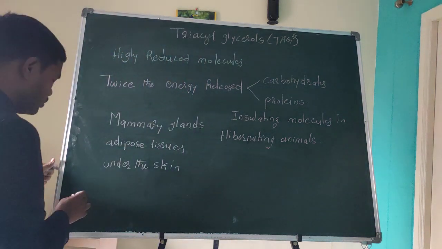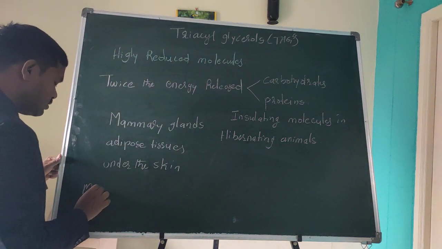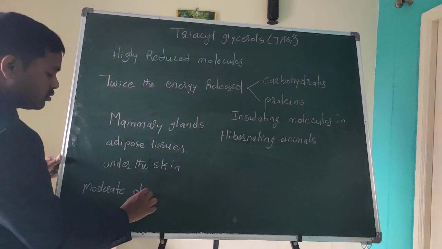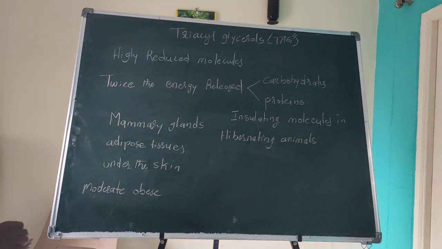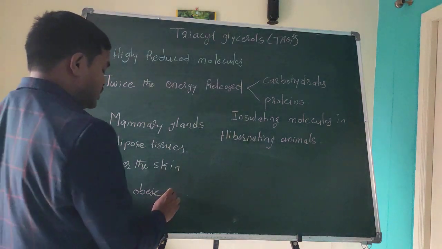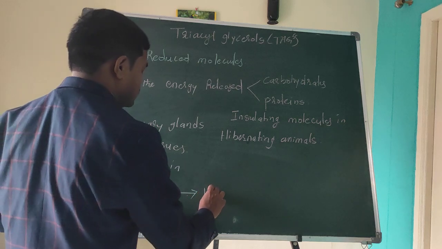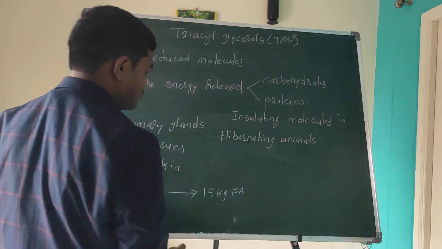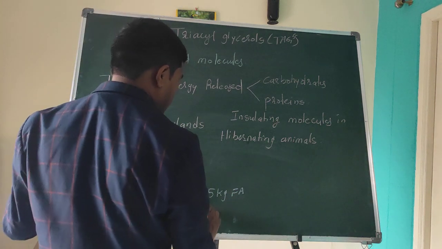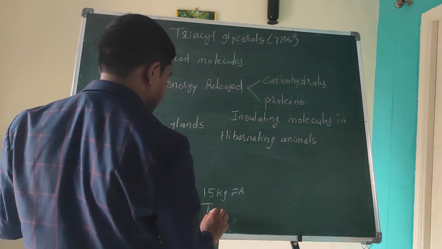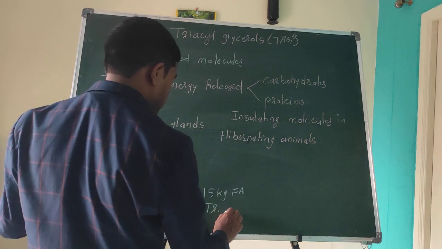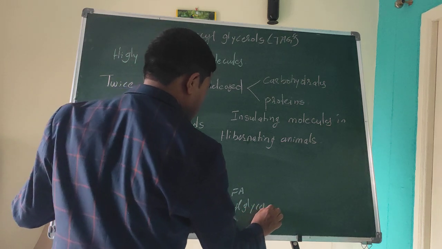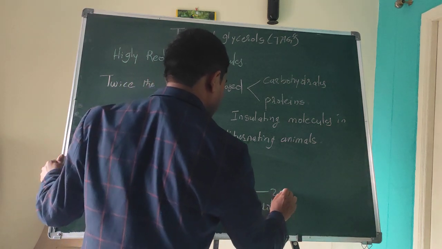Individuals who are moderately obese have 15 to 20 kg of fatty acid or triacylglycerol.